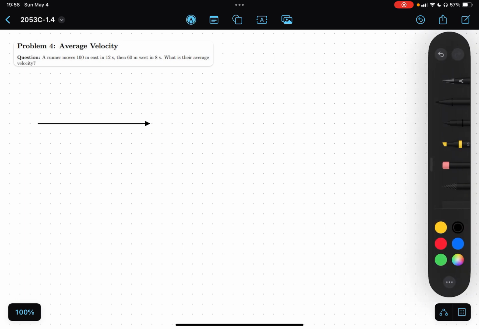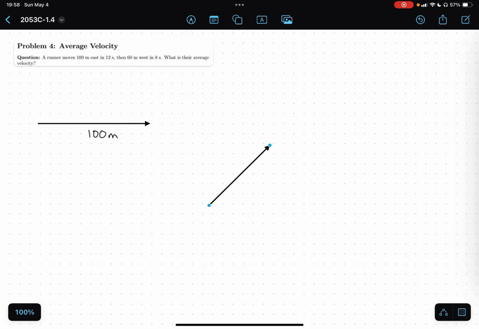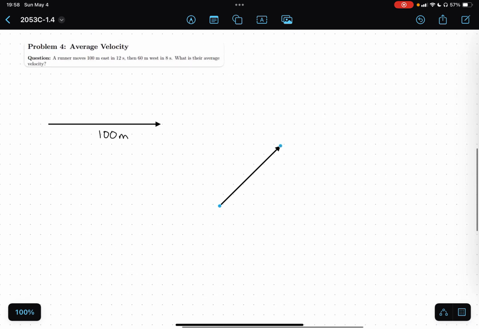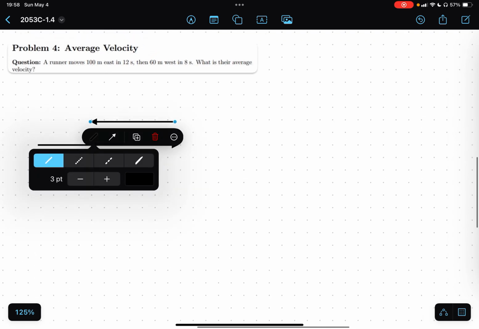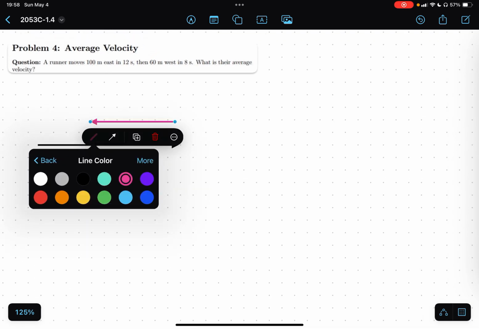We're going to use vectors to represent this, 100 meters to the east, and then they're going to run 60 meters to the west. I'll do this one in a different color.